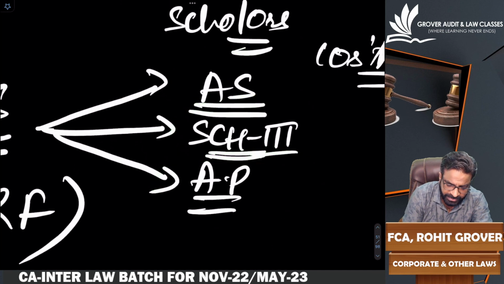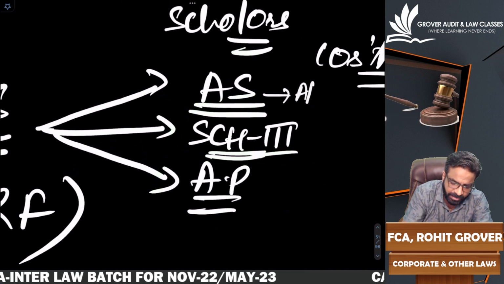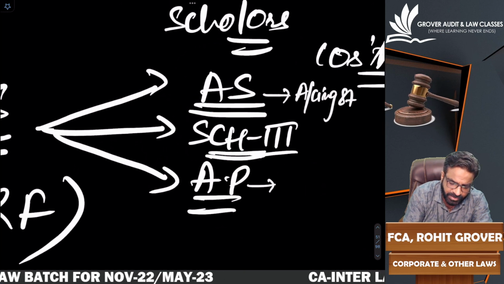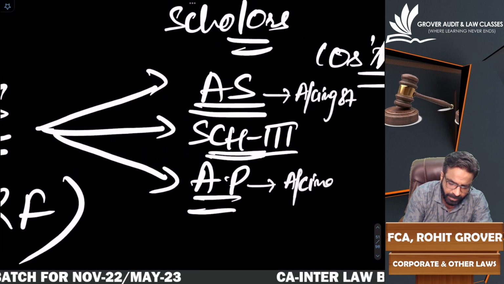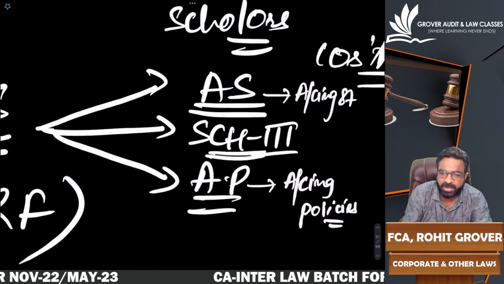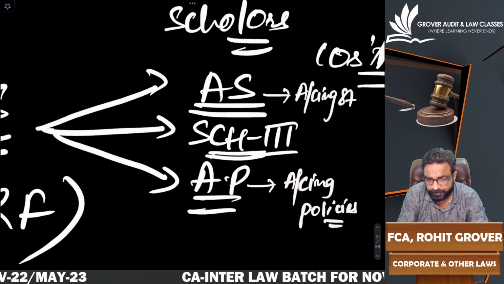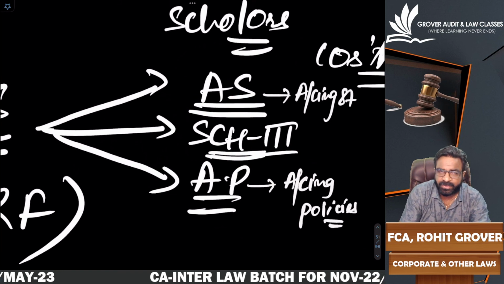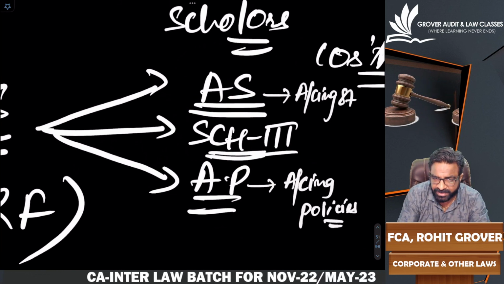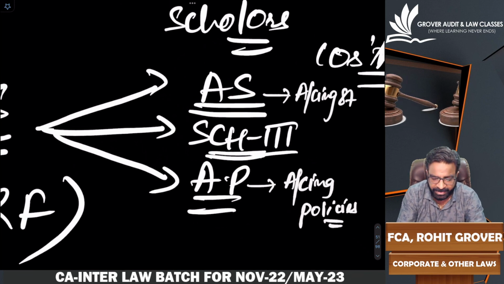Am I correct? This is called accounting standards, this is called Schedule 3, and this is called accounting policies. Now tell me, SLM and WDV are accounting policies only, no? Yes, sir. So section number 129 says that your financial statement should be prepared as per accounting standards, Schedule 3 and accounting policies.